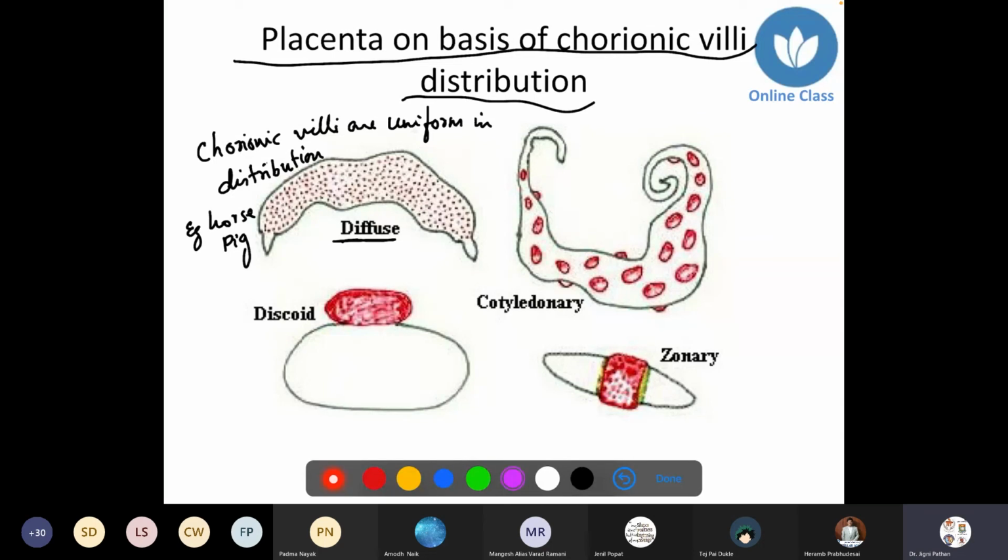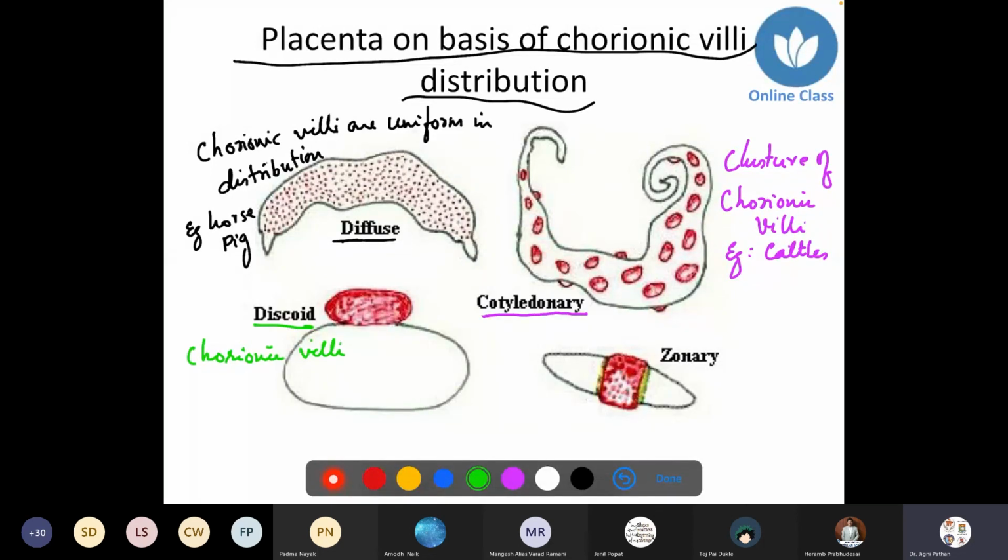Cotyledonary is where they are found in clusters of chorionic villi. Example, cattle. Next, discoid. Discoidal in the form of disc. Chorionic villi arranged in disc.